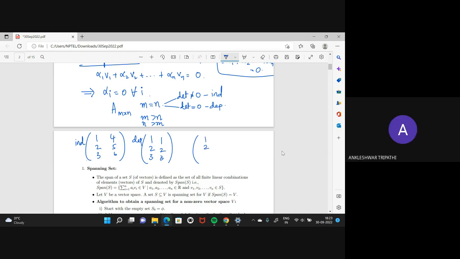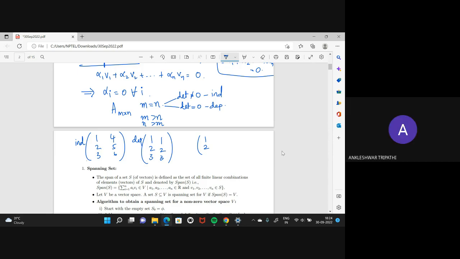In this earlier example, how many maximum independent vectors are possible if M is greater than N? The number of vectors is N, and N vectors may also be independent.